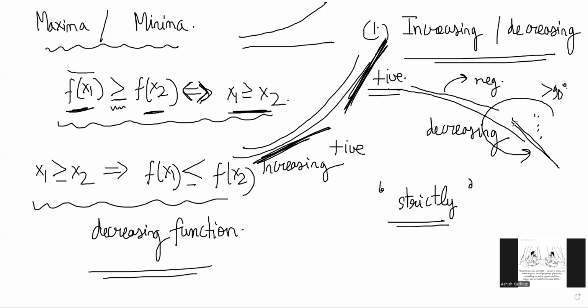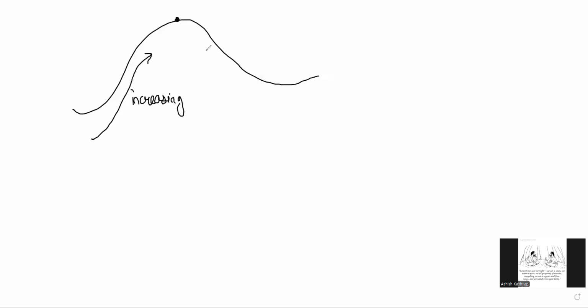Now, why are we mentioning all this right now when I wanted to talk about maxima, minima? The point is that anytime you approach a maxima, you should realize that the function was increasing and it then started decreasing, right? So the point is called a local maxima. Local because it is a maxima in this neighborhood.